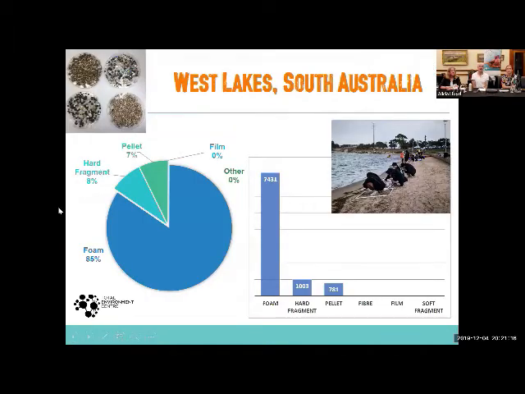And then West Lakes data. Here you can see West Lakes, some examples of the issues. There's a school group out collecting on the lake in the photo. There's a lot of foam there. So foam dominates that site where they're collecting, although at one of the other sites it's a bit more even, with pellets being in the thousands.